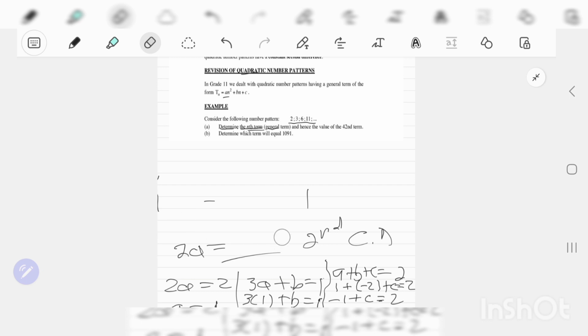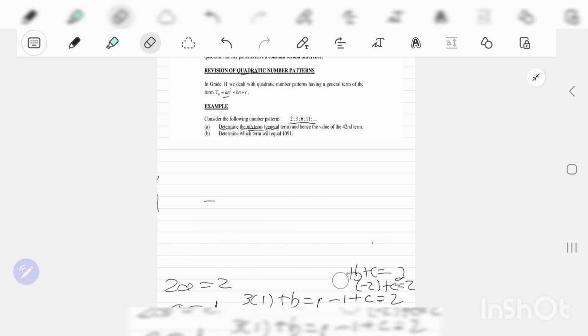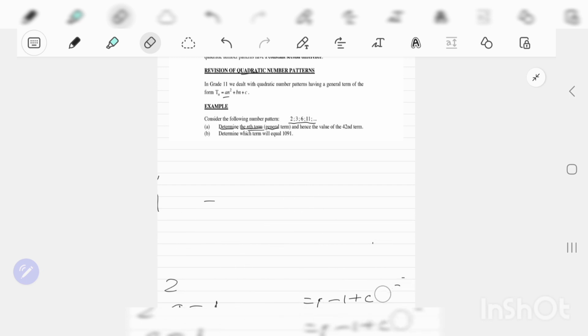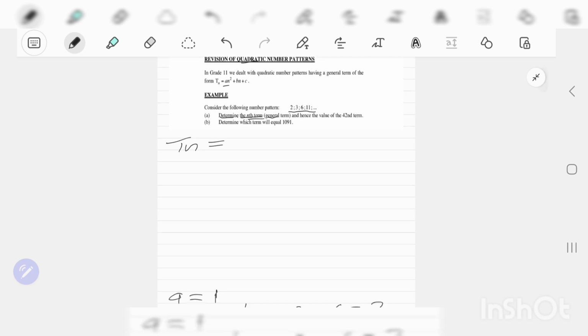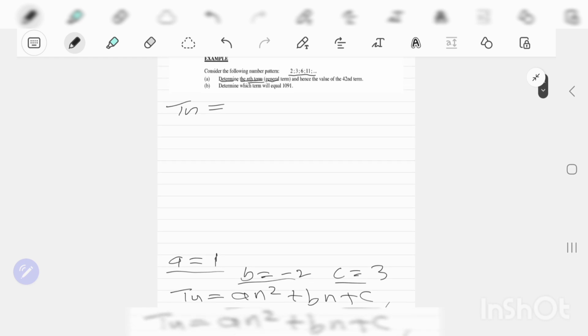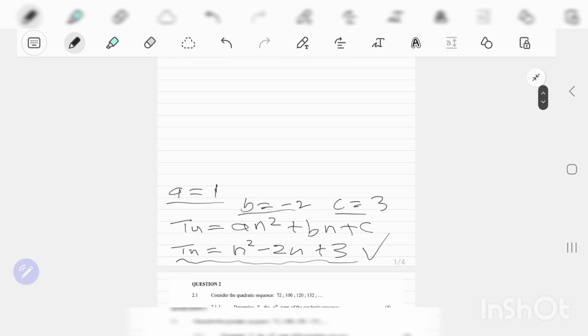Remember, people, we managed to get the general term. So moving on, remember the general term is Tn is equal to n squared minus 2n plus 3. Just to confirm, this was our general term, people.